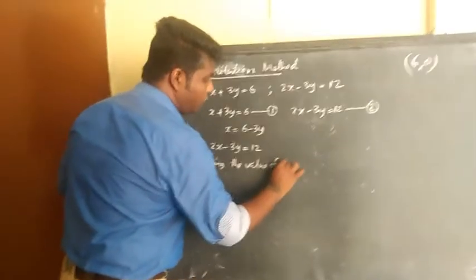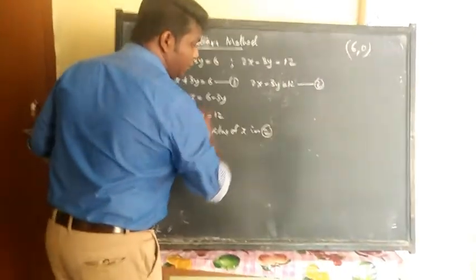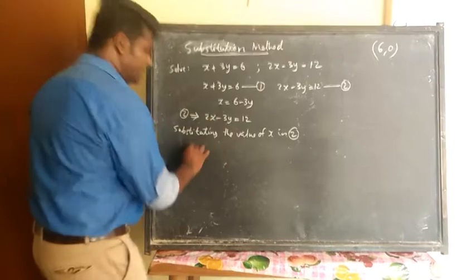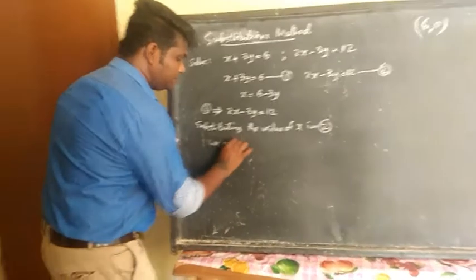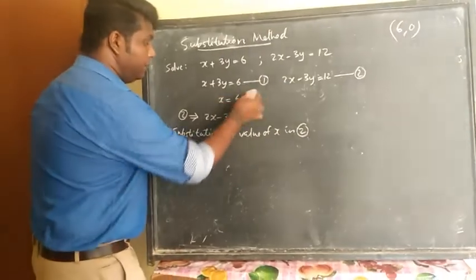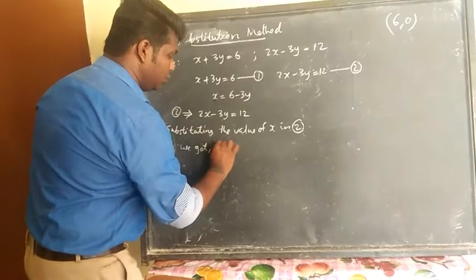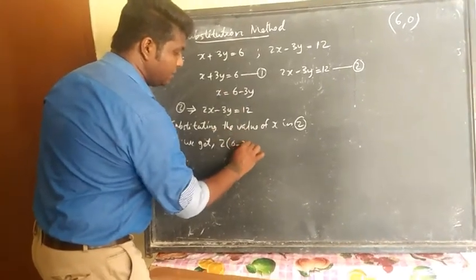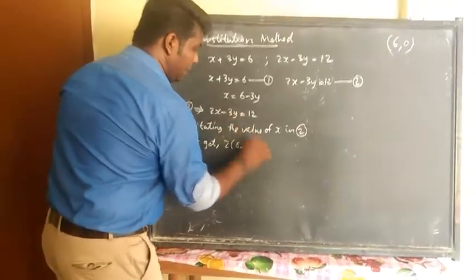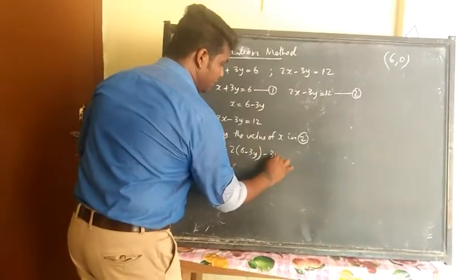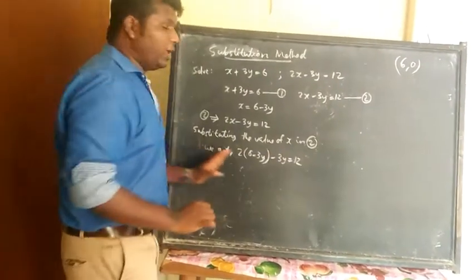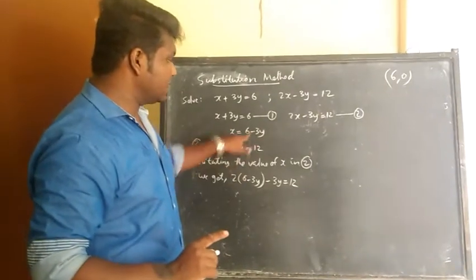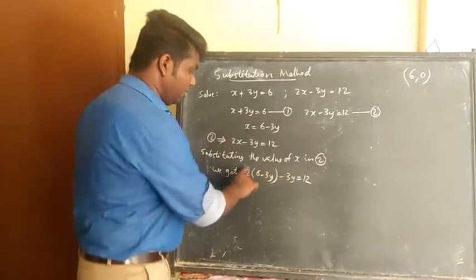Substituting the value of x in equation number 2. What we get? We get, see here, here is the equation, 2 into x के जगह ये वैल्यू लिखना है 6 minus 3y, बाकी वैसा ही minus 3y is equal to 12. यानी कि पूरा इक्वेशन 2 वैसा ही लिख दिया, बस इधर के x का जगह x का वैल्यू दे दिया.